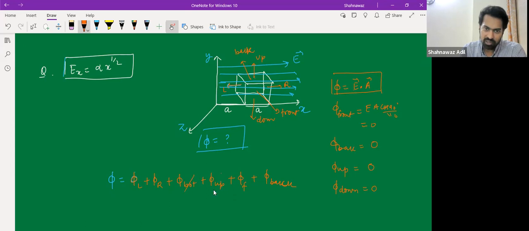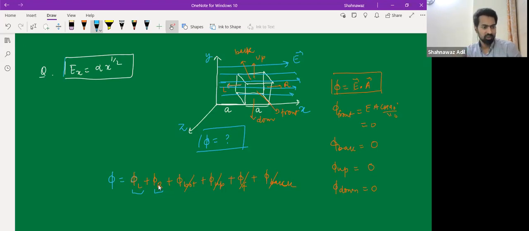So this cancels, this cancels, this cancels, this cancels. Only these two will survive. Because for this face, the area vector is this, and the electric field is also this. So the angle between them is 0 degrees. Right, guys?